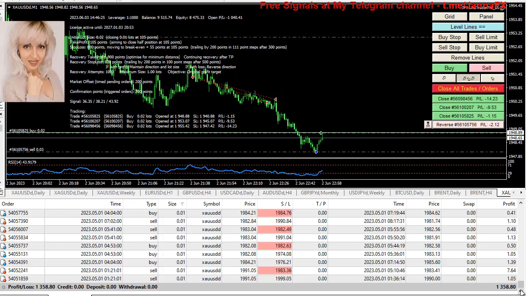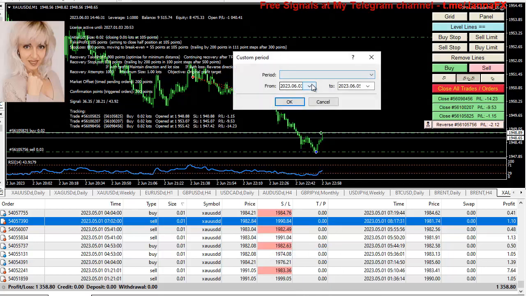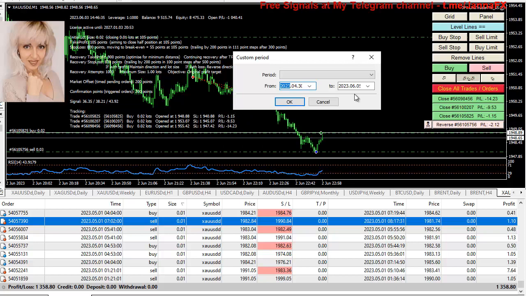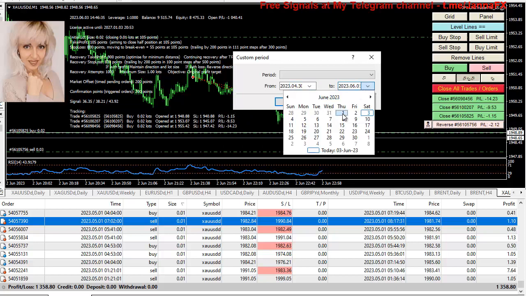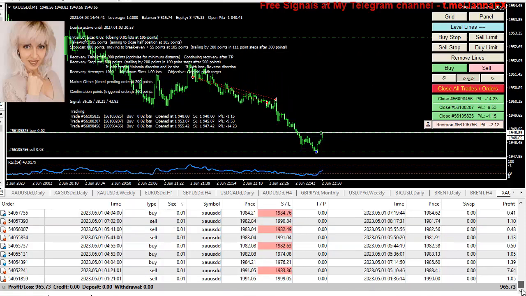But again, there could have been trades going into June, because I know that there were some floatings out there, and I just want to show you. For example, if I put from the 30th to the 1st of June, then it will be 965. You see, because we had some floatings and it's closed out, and that's the result.